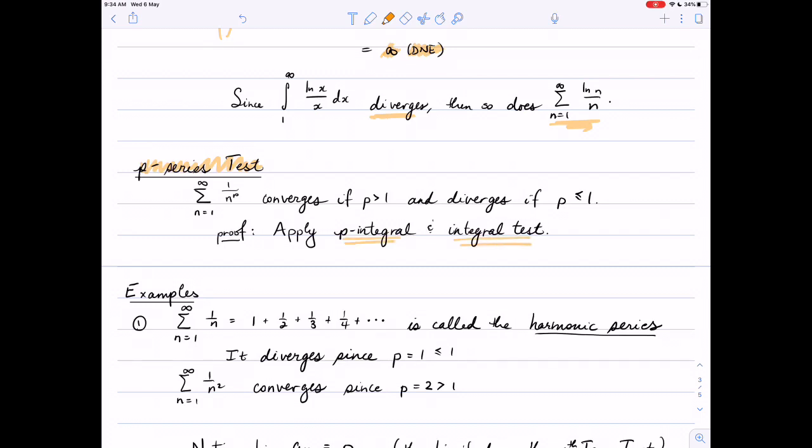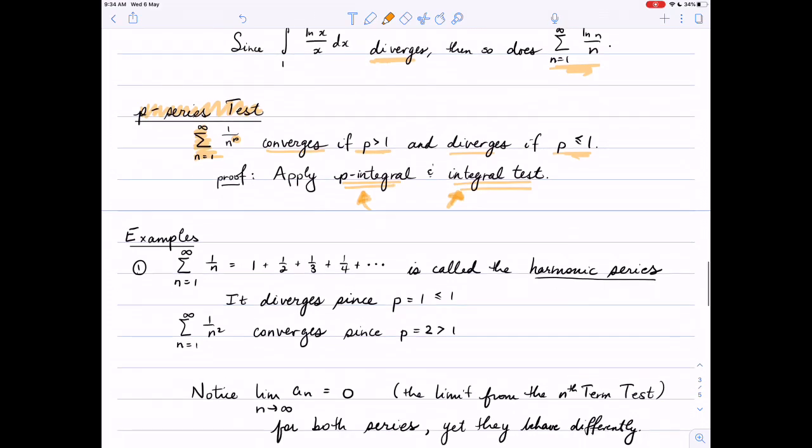What it says is this: if we have a series of the form the sum from n equals 1 to infinity of 1 over n to the p, it converges if p is greater than 1 and diverges if p is less than or equal to 1, exactly like the P integral did. And the integral test tells us the series behaves like the integral. So it is identical in terms of behavior to the P integral.